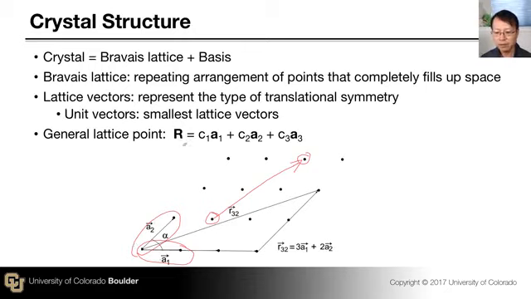For example, if you have a three-dimensional Bravais lattice, then any arbitrary lattice vector R can be represented by the linear combination of three unit vectors A1, A2, A3, and C1, C2, C3 are some arbitrary integer coefficients that you can choose.